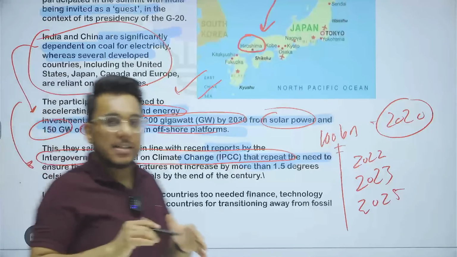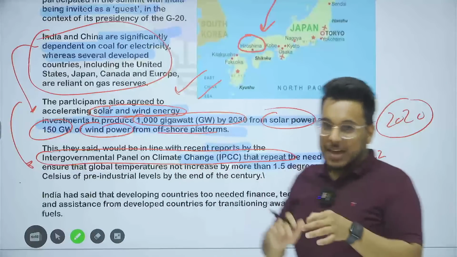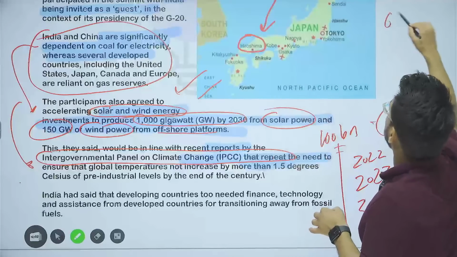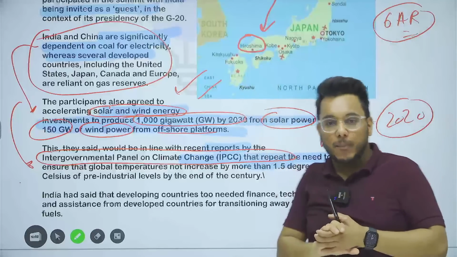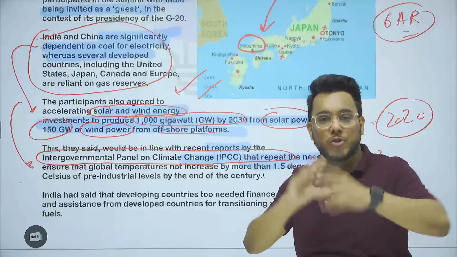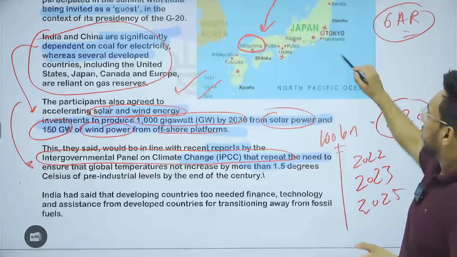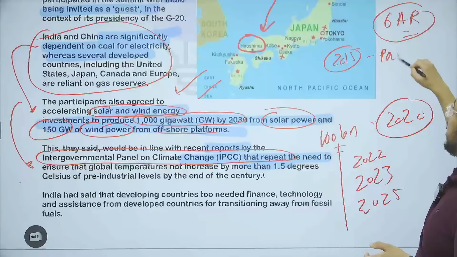IPCC releases its reports with respect to climate change. Right now, IPCC is releasing the round of 6th assessment report. The IPCC reports actually become the basis on which the international climate negotiations happen. For example, you might have read a lot about the 2015 Paris Agreement.